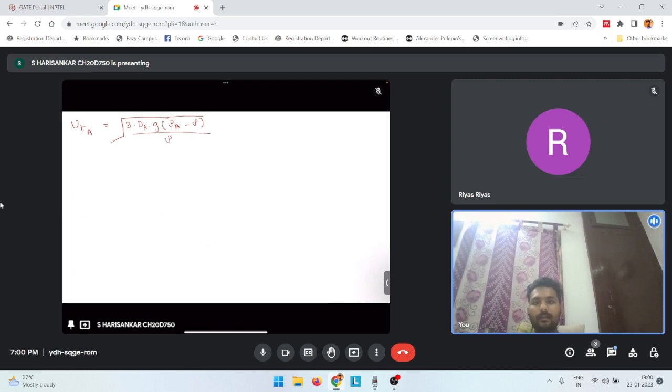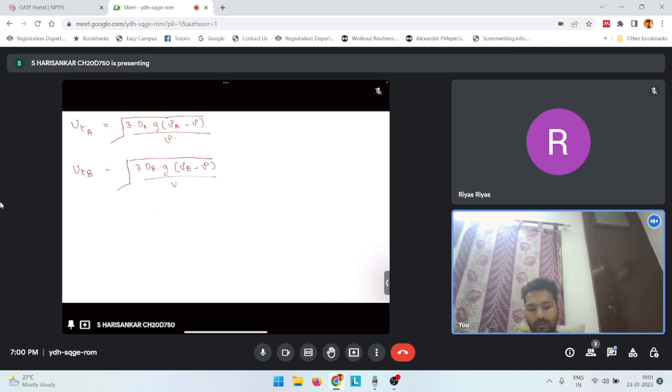Because the particle density here is rho A and the fluid density is rho, and the diameter of particle A is dA. And for particle B, UTB will be equal to root of 3 dB into G into (rho B minus rho) by rho.